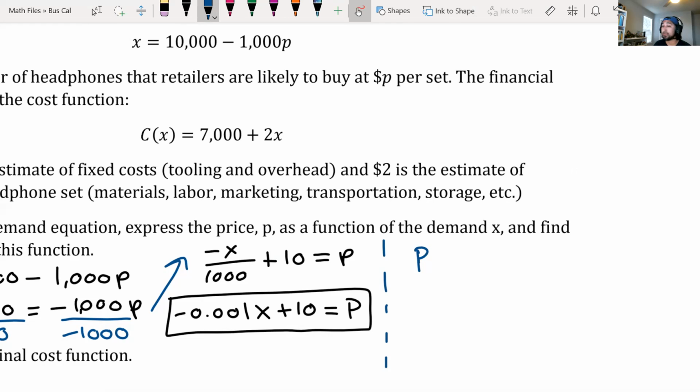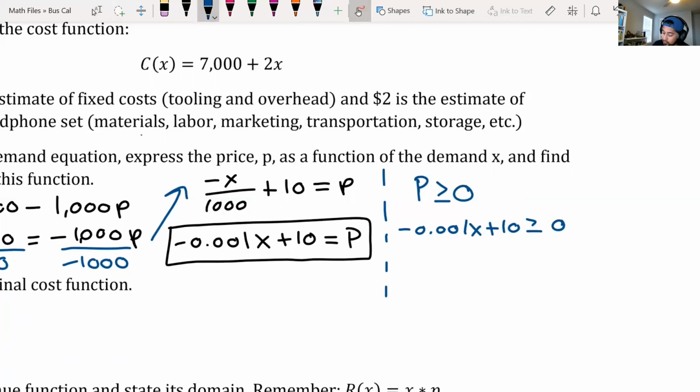So what we're going to do is take our price equation and set it greater than or equal to 0. And now we're going to plug in the price equation that we just found, negative 0.001x plus 10, set it greater than or equal to 0, and solve this for x. So you'll move the 10 over, and you get negative 0.001x greater than or equal to negative 10.